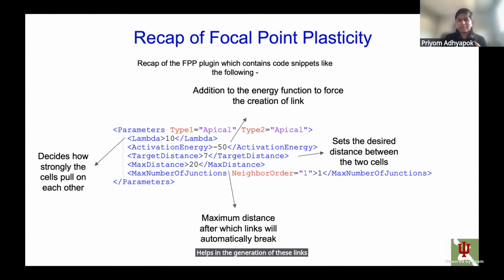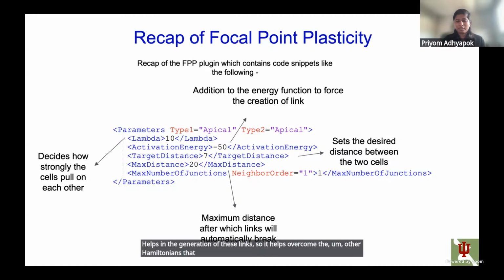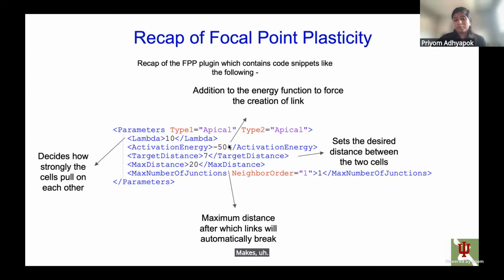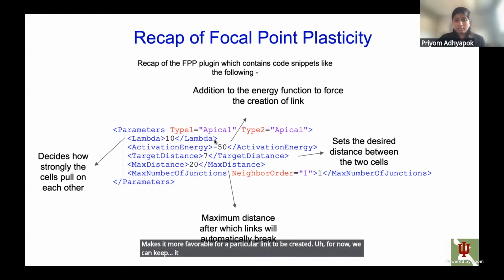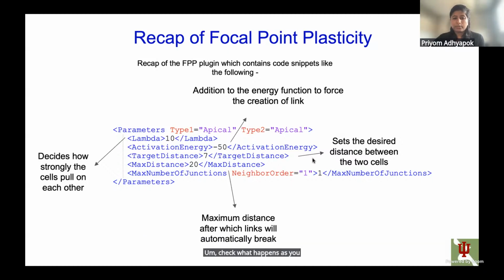So it helps overcome the other Hamiltonians that you have already put in, and makes it more favorable for a particular link to be created. For now, we can keep it at -50 in the simulation, and we won't be messing around with it. But feel free to check what happens as you reduce or increase this value.